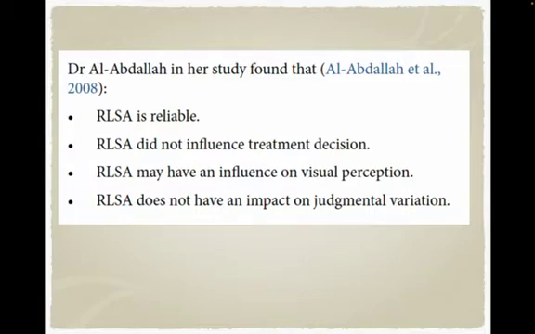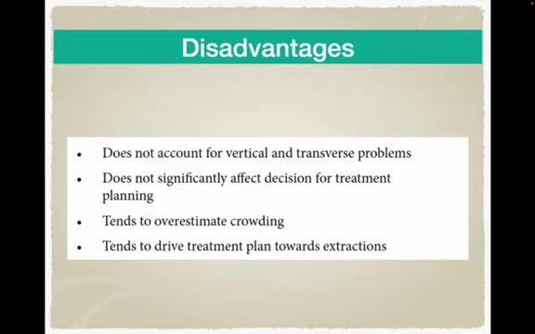What is the most common disadvantage of the Royal London space analysis? At first, it does not account for vertical and transverse problems. All we're talking about is anteroposterior problems. And as we saw in the study by Maryam Abdullah, it does not really affect the treatment decision, because the orthodontist sometimes just goes with what they already think.